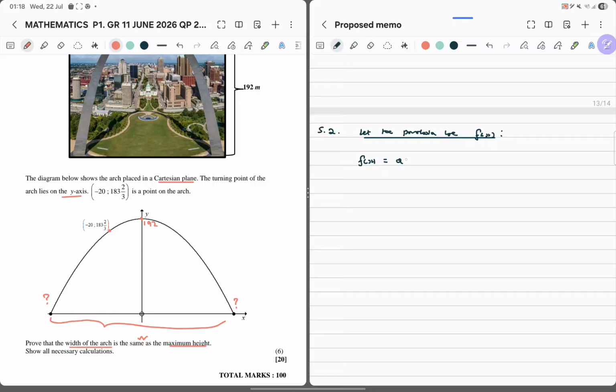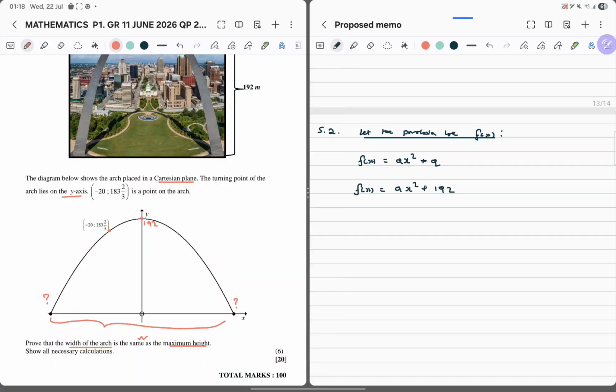The vertex form for this one is just a x squared plus q. Simple as this. This is the grade 10 parabola. So f of x is equal to a x squared plus q. What is q? That's the y value at the turning point, 192.